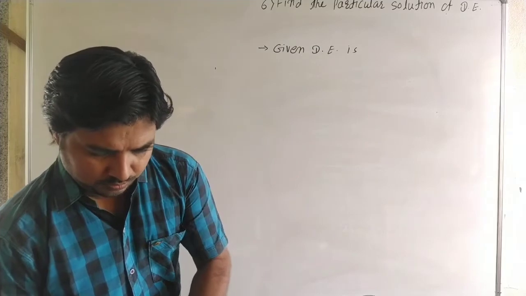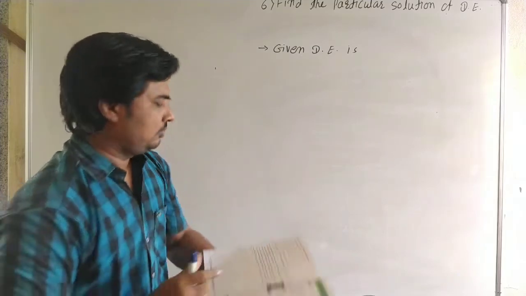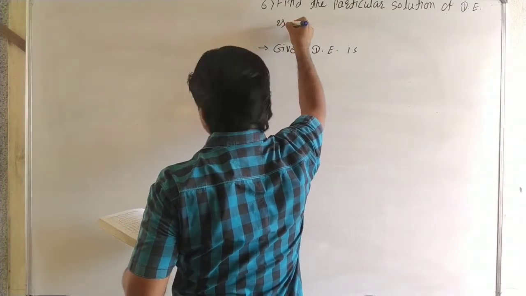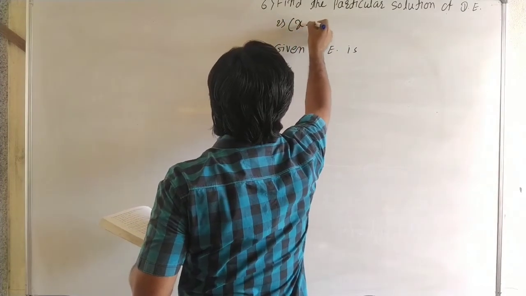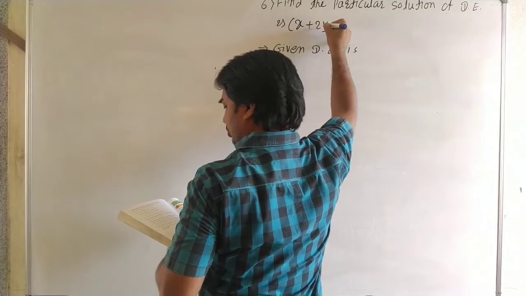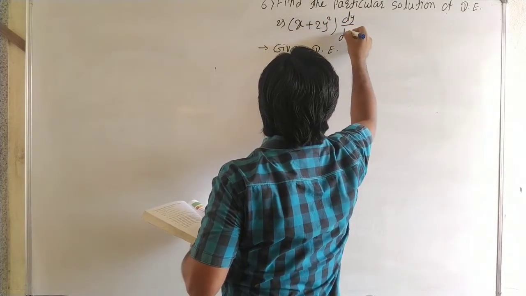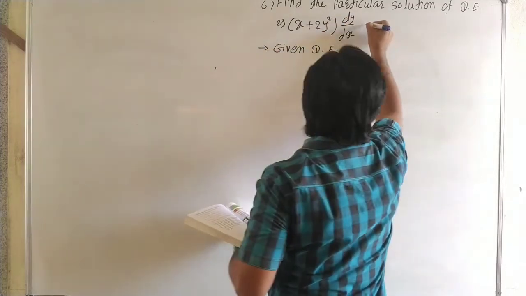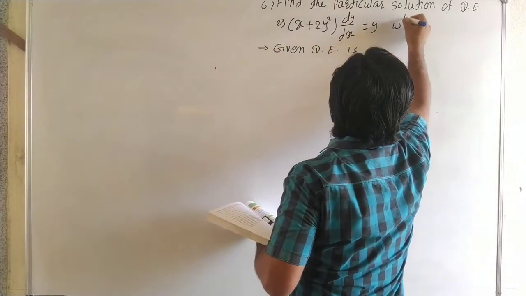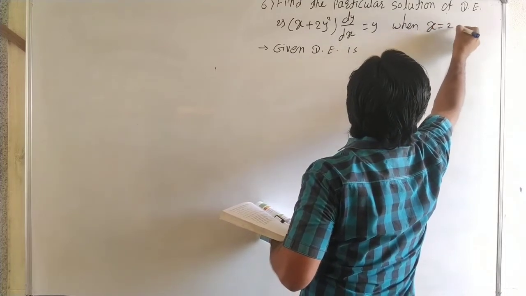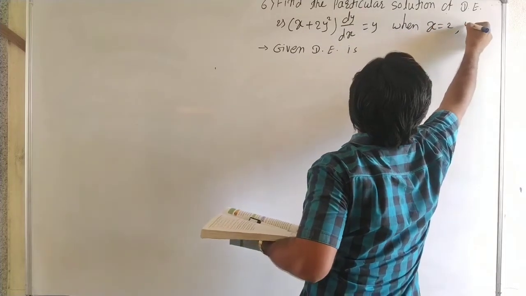Example number 2. x plus 2y square dy by dx is equal to y, when x is equal to 2 and y is equal to 1.